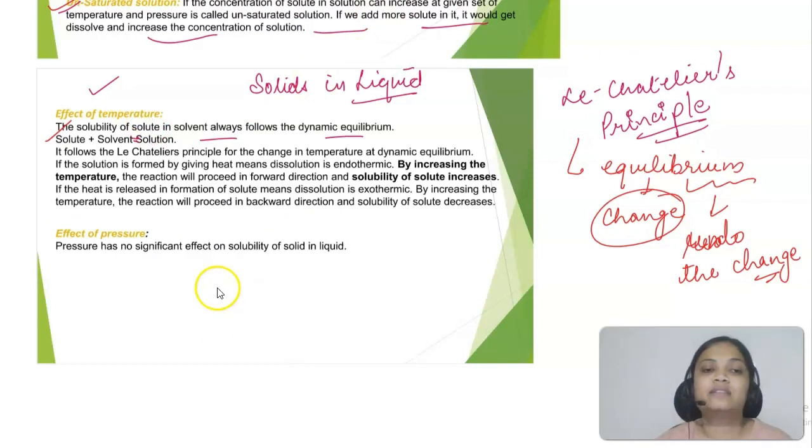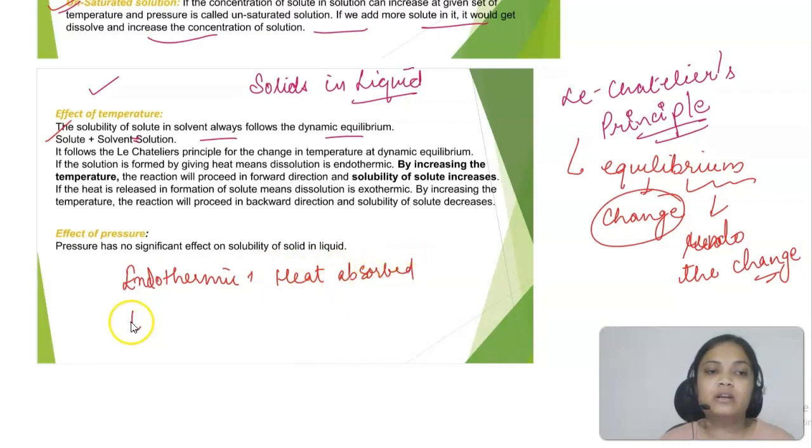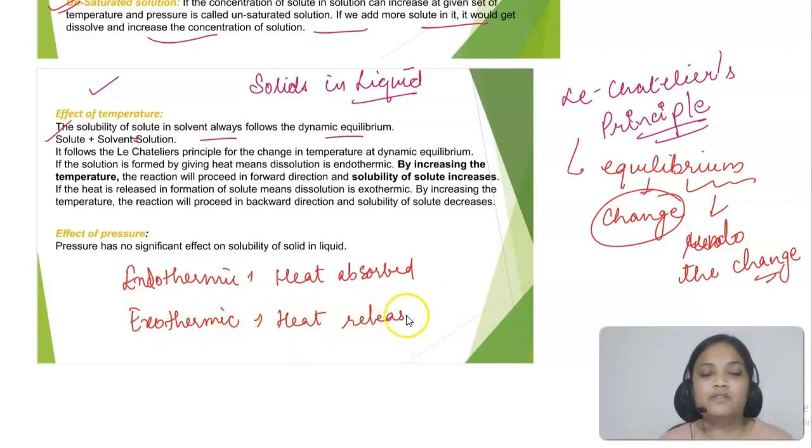Now let me tell you what is happening in the case of temperature. There are two types of processes based on temperature change: endothermic, the process where heat is absorbed, and exothermic, where heat is released. The change of temperature will affect these two types of processes. Dissolution also can be exothermic or endothermic, meaning when you dissolve any solute, either heat is absorbed or heat is released.